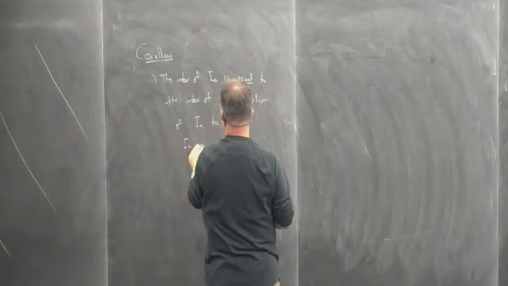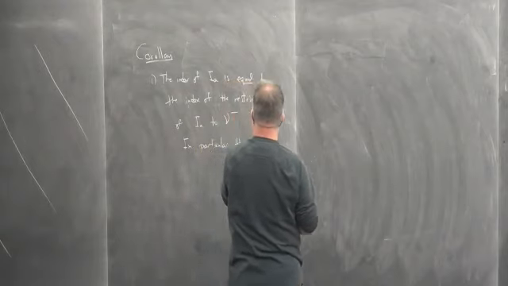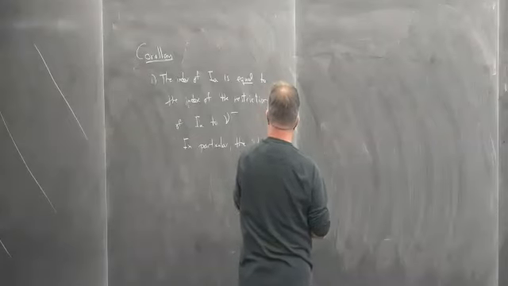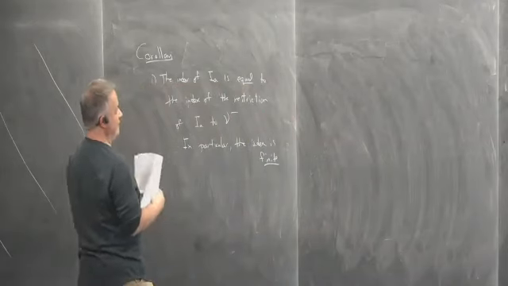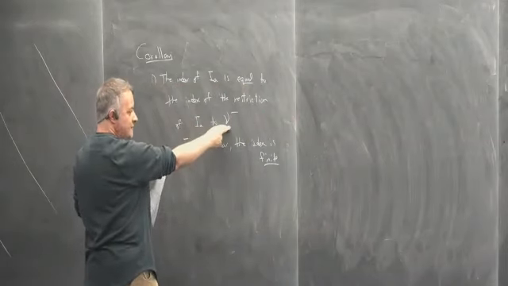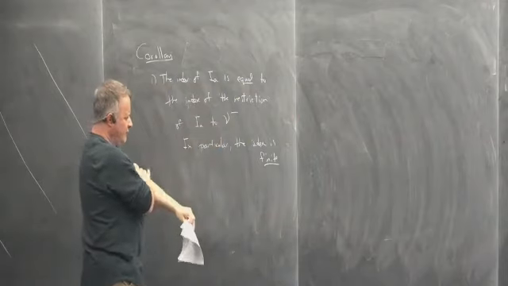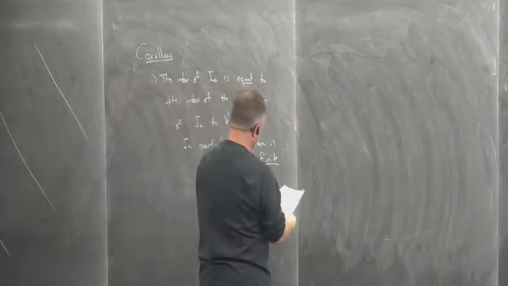In particular, the index is finite. Because once we've proven this first sentence that the index is equal to the restriction of the index to here, that's a finite dimensional space. And on a finite dimensional space, of course, the maximal negative definite subspace is finite dimensional.